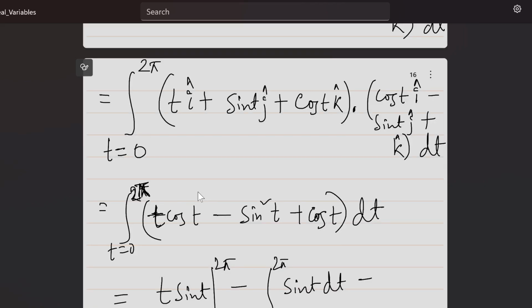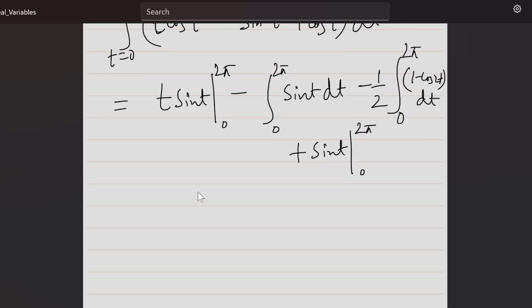How to do the integral of sin square t? Using the formula (1 minus cos 2t) upon 2. Yes, correct. So I'm taking the half outside. It is 1 minus cos 2t, plus cos t, whose integral is just sin t. So I'm writing it from 0 to 2 pi.